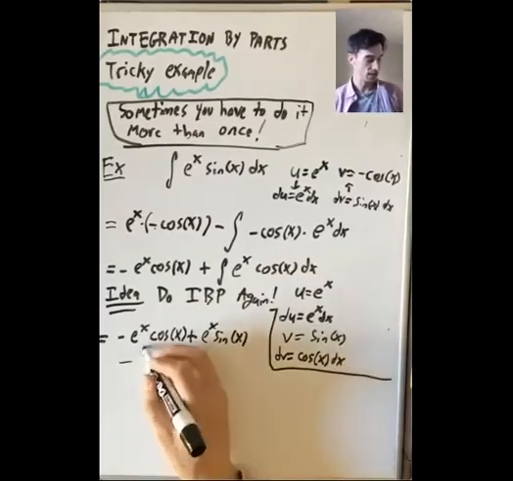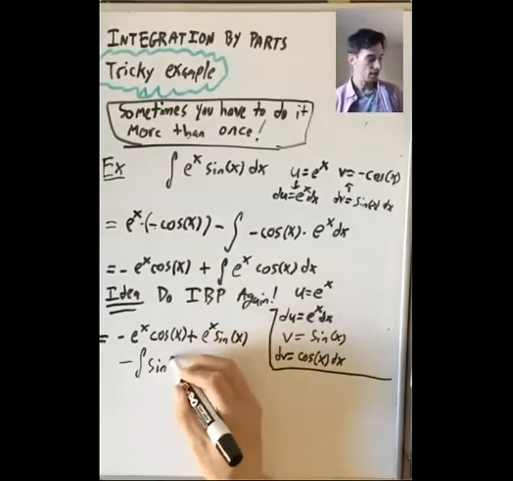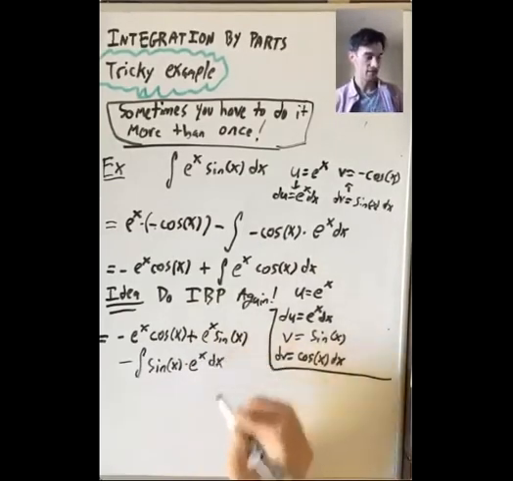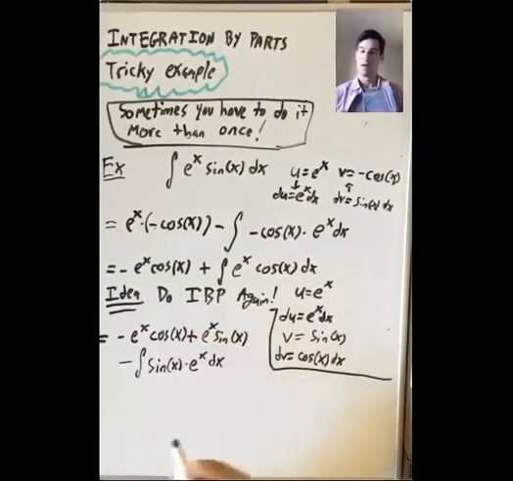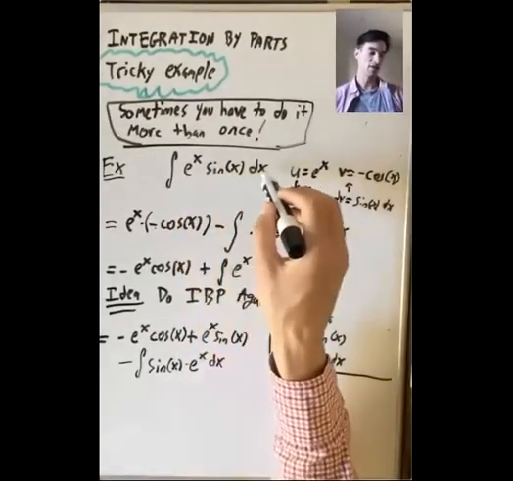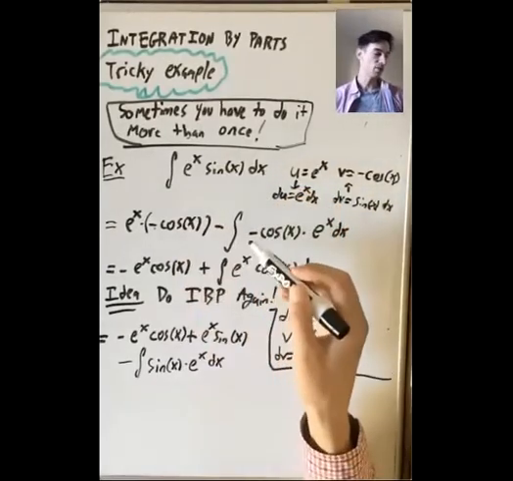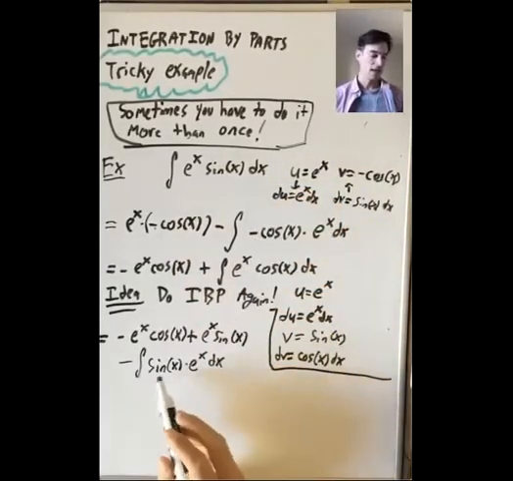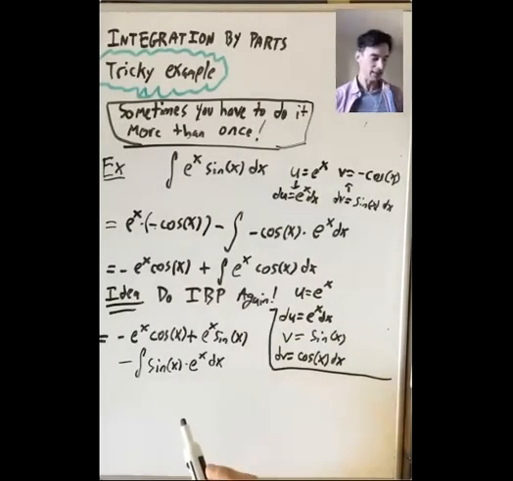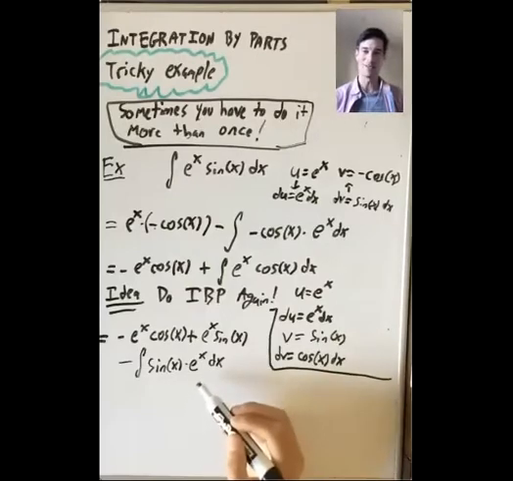So minus the integral of sine of x times e to the x dx. Okay, so the integral we started with was the integral of e to the x sine of x dx. We did integration by parts twice. And in the end, we don't get an integral that is simpler than the one we started with. It literally is exactly the one that we started with.